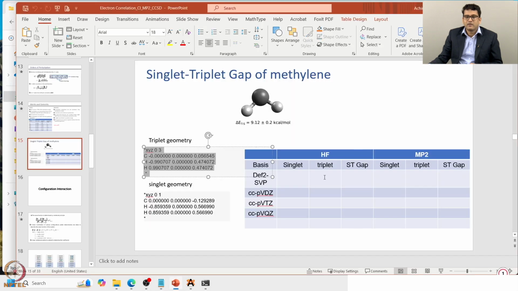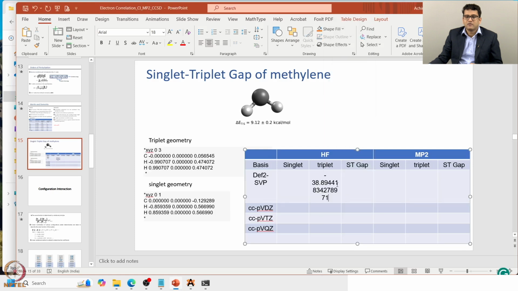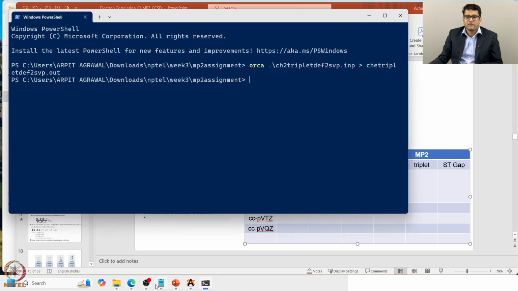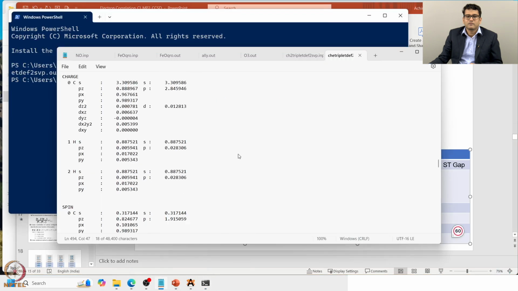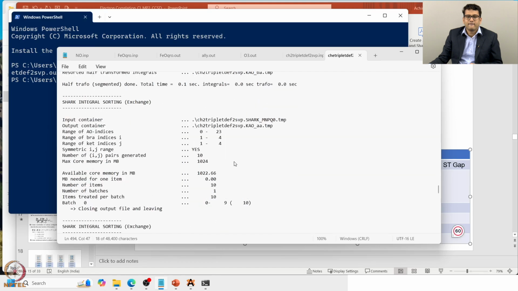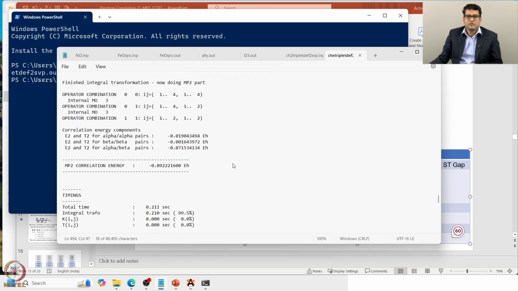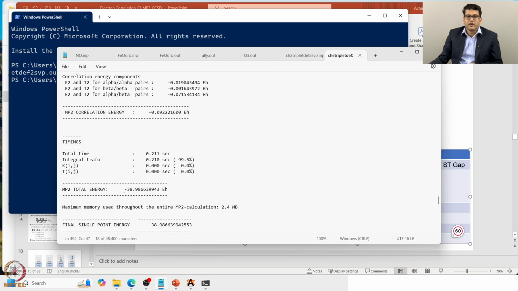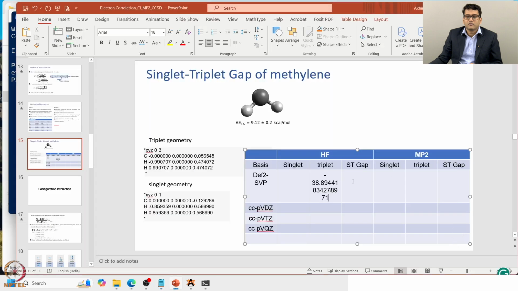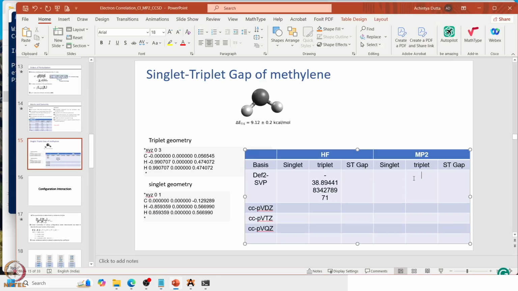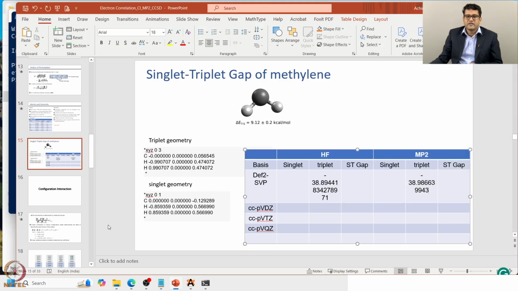So for the triplet, this is my Hartree-Fock energy, and if I go below, this is my total energy MP2. So, this has been for the triplet.